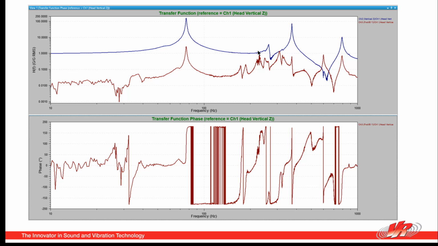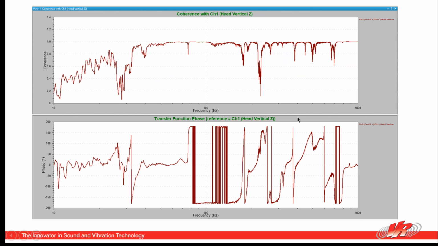So that means that the energies being brought by the shaker intending to excite a resonance in channel 2 are also exciting a resonance in channel 3.